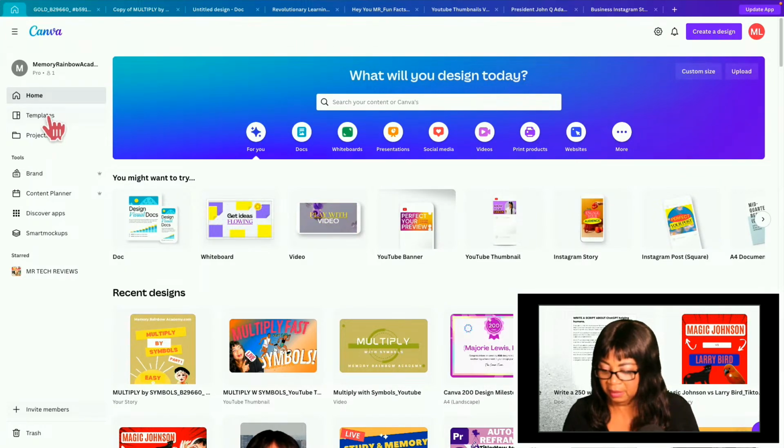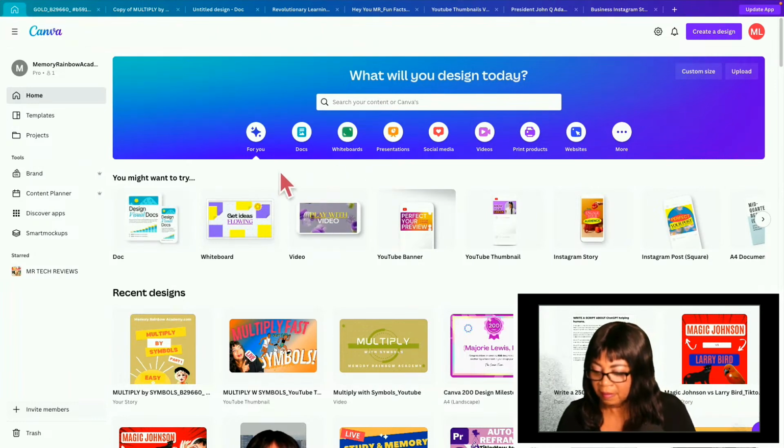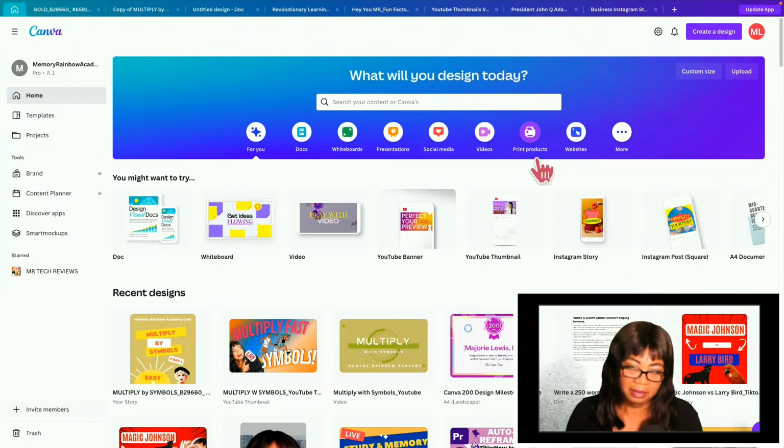And the way it's set up here, you have your home, your templates, your projects, your brand. You can even set up your brand colors, brand fonts. And you have documents. It even has an AI, which is kind of interesting.